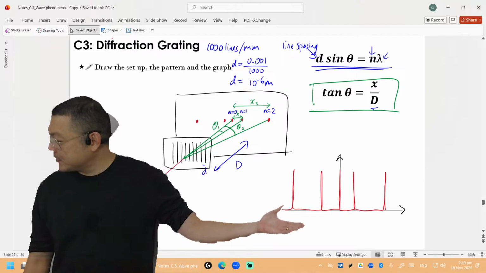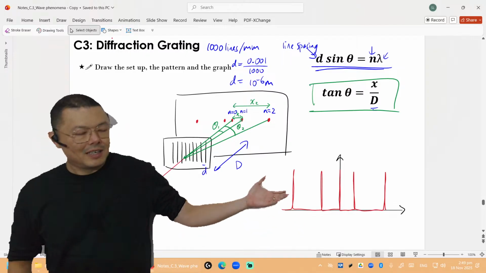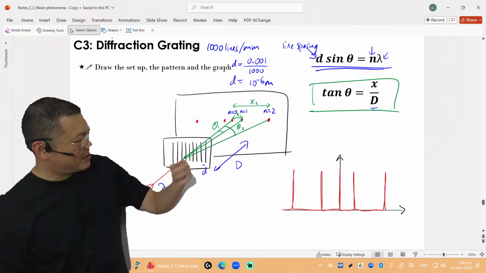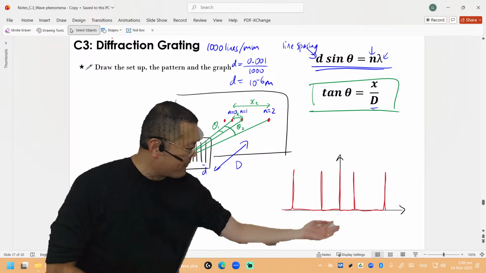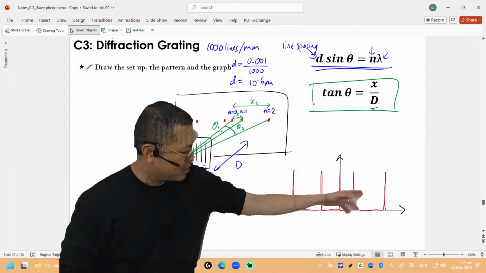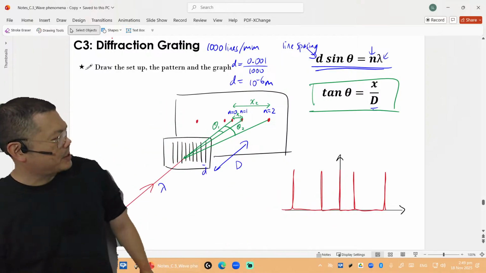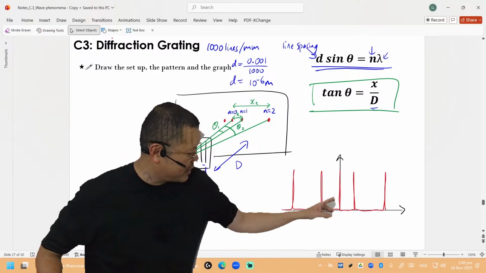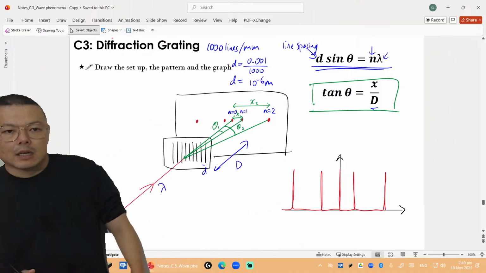This is how the graph will look, because they are very narrow fringes with very wide dark fringes. The central fringe is right in the middle. First order is closer, second order is further away.